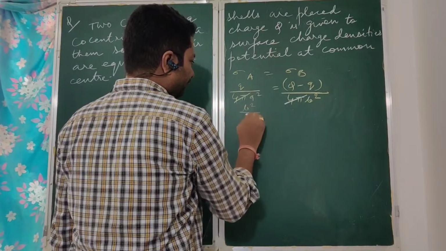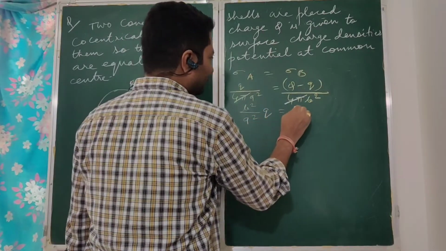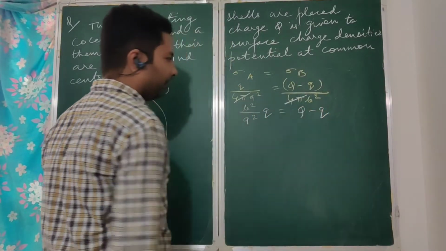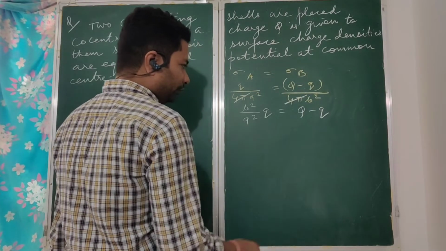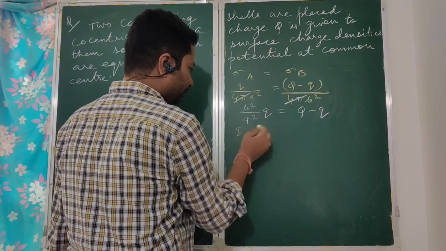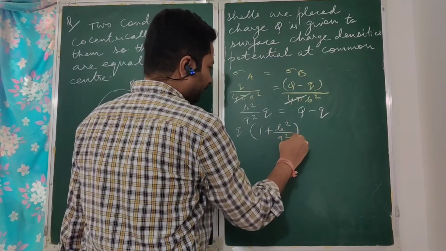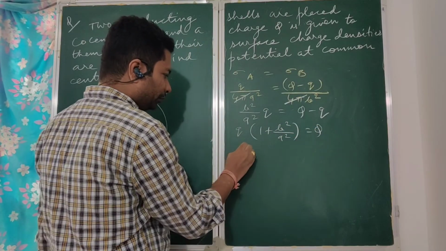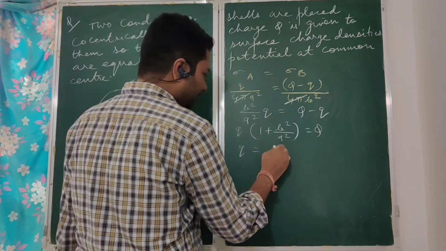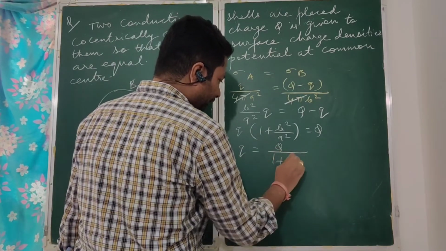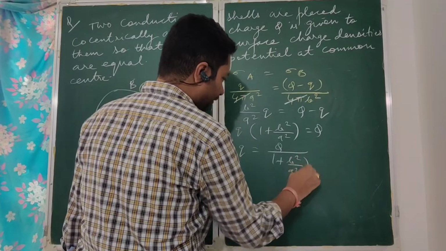B square by A square into small q is equal to capital Q minus a small q. So bring it on the other side: small q into 1 plus B square by A square is equal to capital Q. So small q will become equal to capital Q by 1 plus B square by A square.